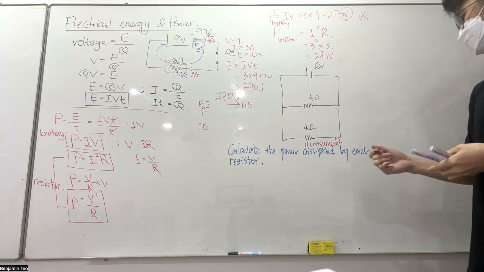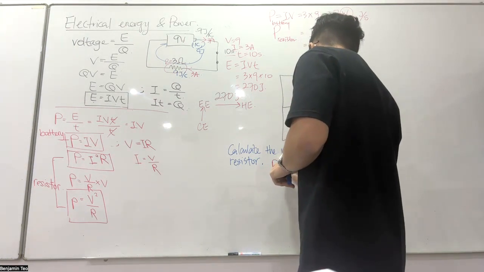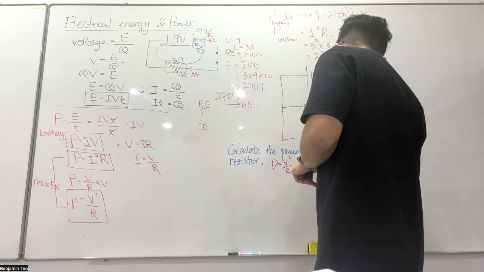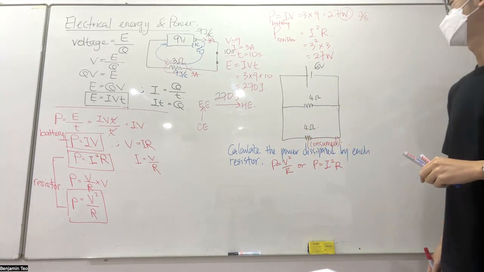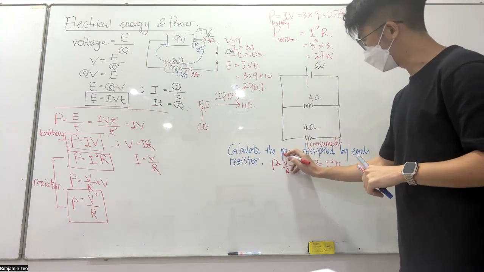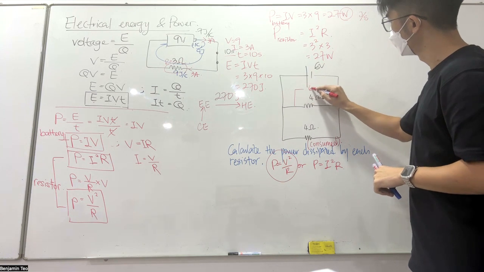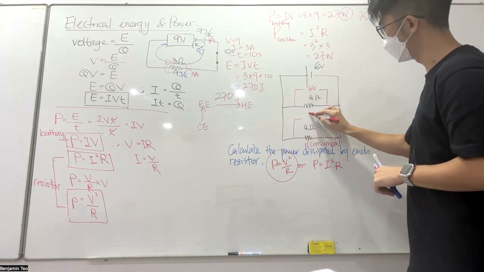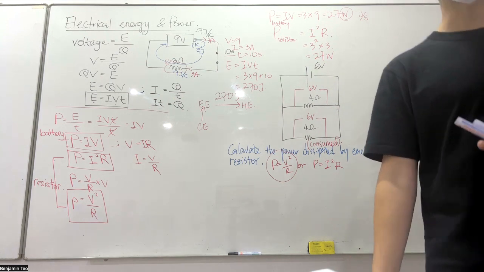And we calculate that one. Yes, P equals V squared over R or I squared R. So you can find it easily using this one. See, you know the voltage is the same for both in a parallel circuit.